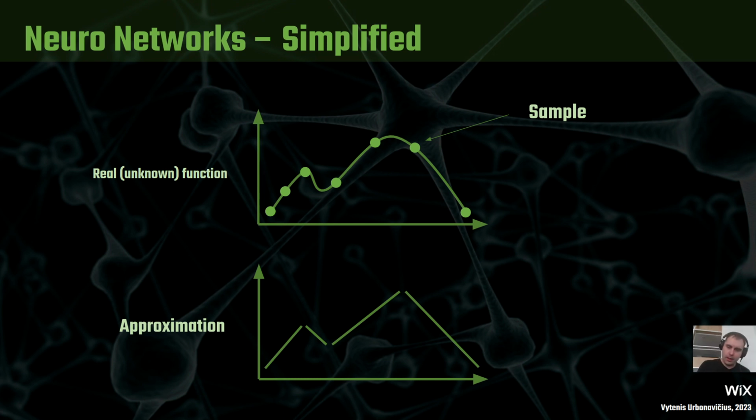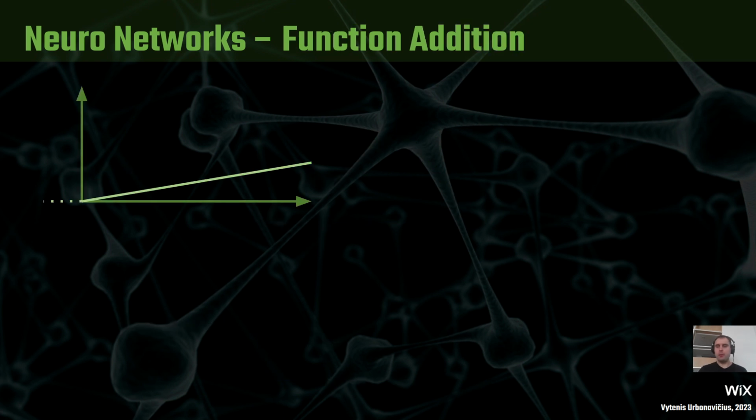Now let's bring this simplified example a little bit closer to how it looks in real life. Let's say we have some function. This function is equal to 0 when x, the horizontal axis, is below 0, so it's represented by the dotted line. And the function starts going upwards at some angle after x becomes positive.